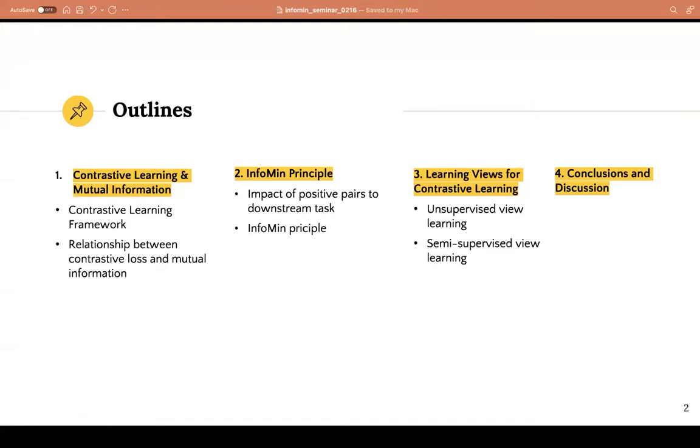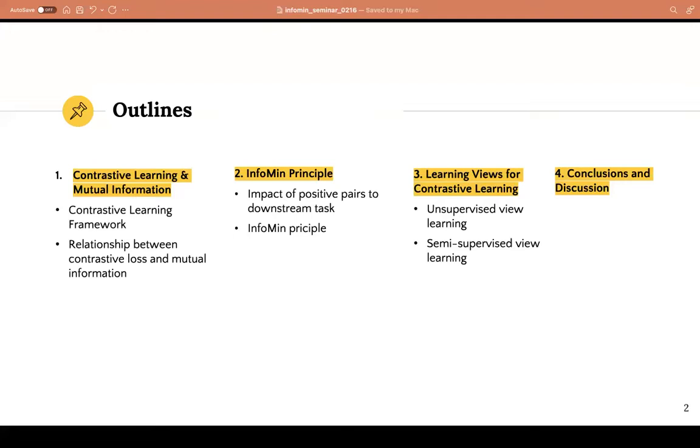The first one, I will introduce the commonly used contrastive learning framework and the relationship between the contrastive loss and mutual information. And the second part, I will introduce the InfoMin principle proposed by this paper. Specifically, I will introduce the impact of positive pairs on the downstream task and also the InfoMin principle.